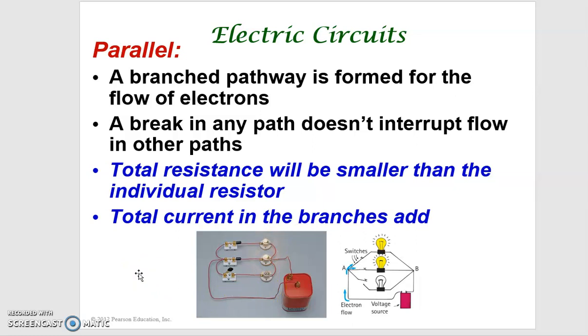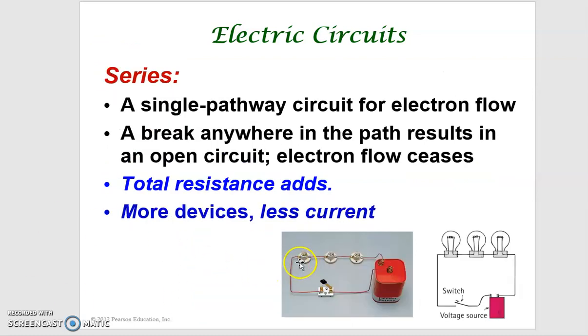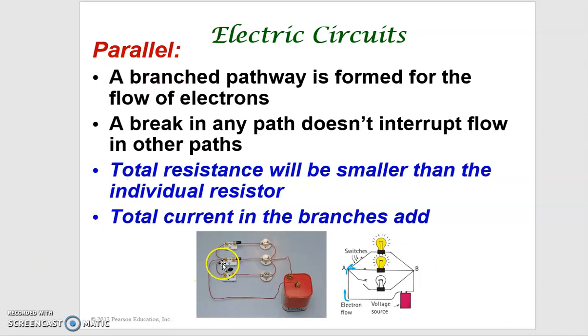So let me refresh our memory again. In the parallel circuit, the voltage across each resistor is always the same. But the voltage across each resistor in the series circuit is not necessarily the same. However, the current is the same in the series circuit, but the current is different in each of the branches.